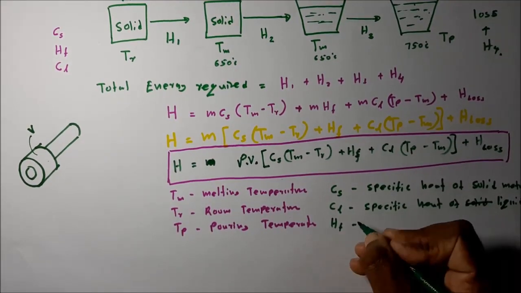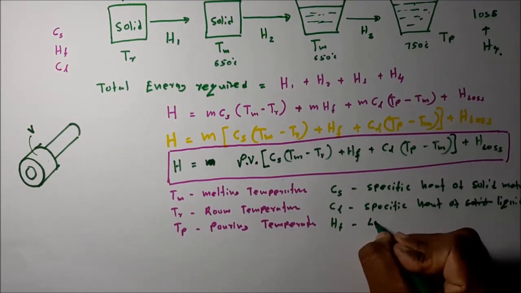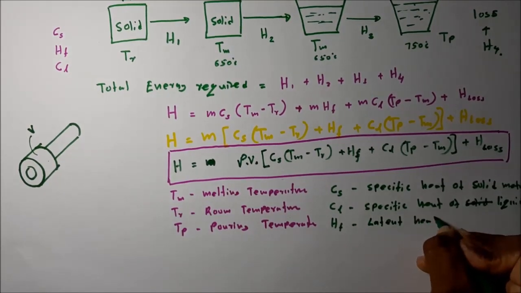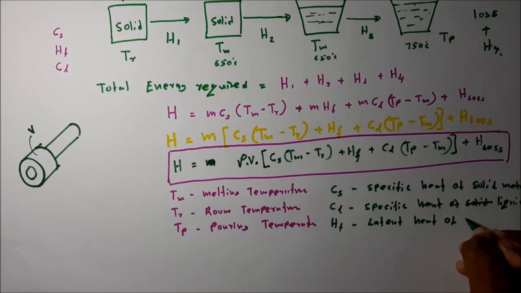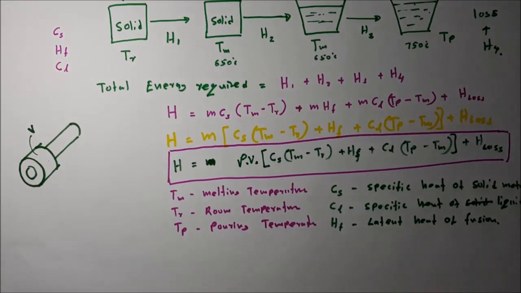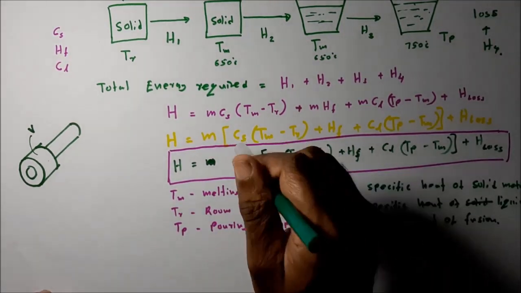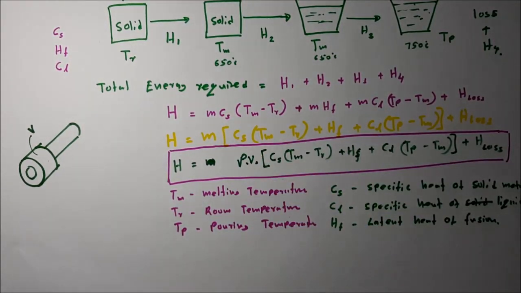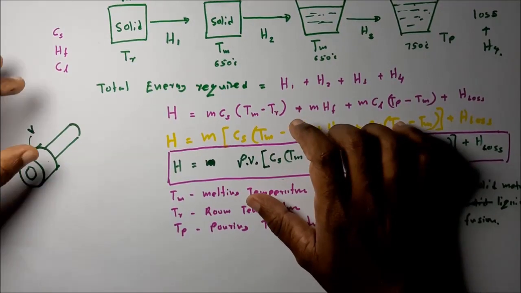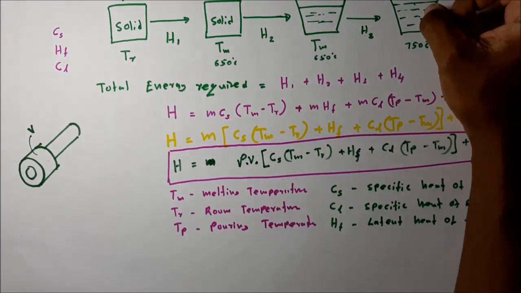Then the HF, latent heat of fusion. If we know these things, we can estimate the heat energy required for a certain melting operation. So let's do an example problem from this total heat energy required calculation.